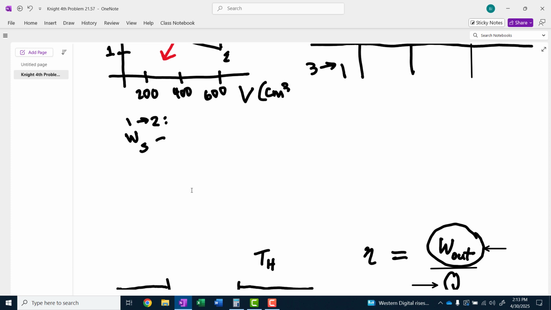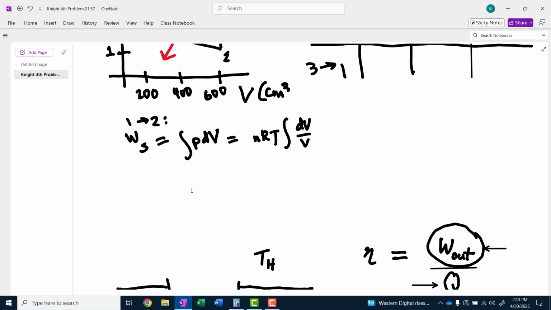The work done by the system is the integral of P dV. If this was the work done on the system, you'd have to stick a minus sign in there. Use the ideal gas law to rewrite P as nRT over V. And I'm going to pull out the nRT since the temperature is constant in an isothermal process.